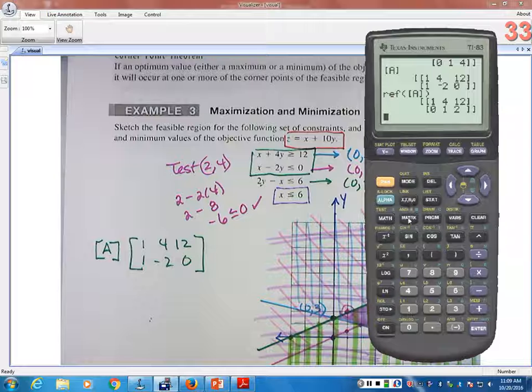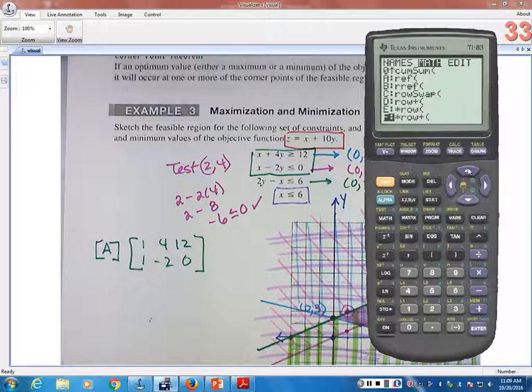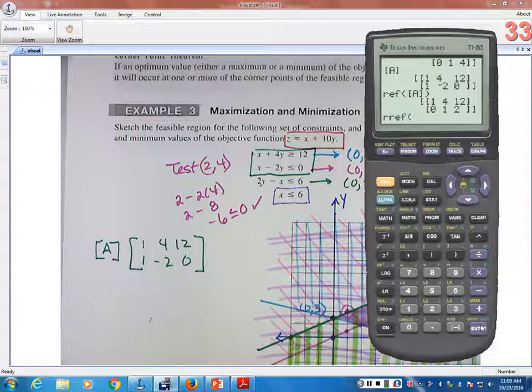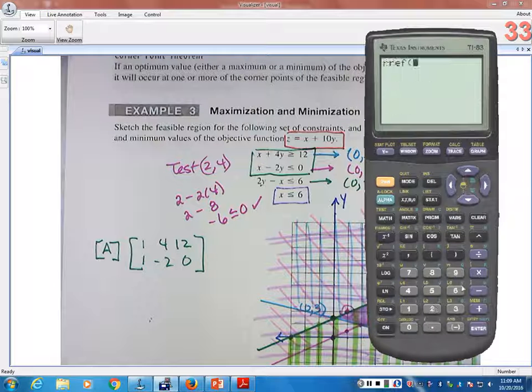Picked the wrong one, sorry. Try again. So the solution there is 4, 2.